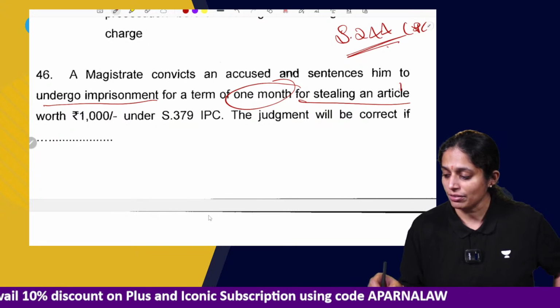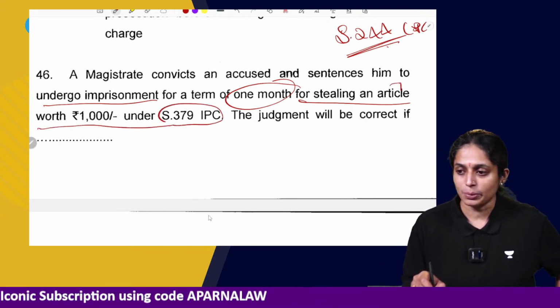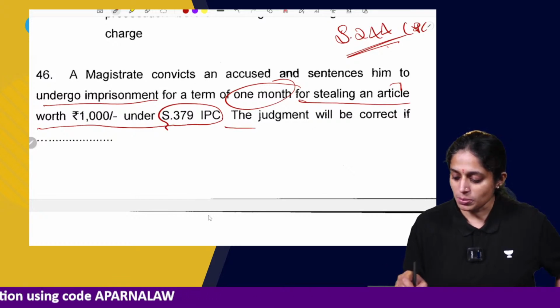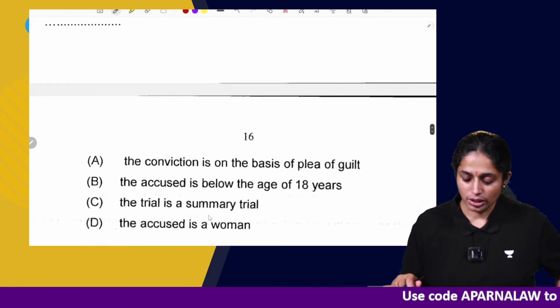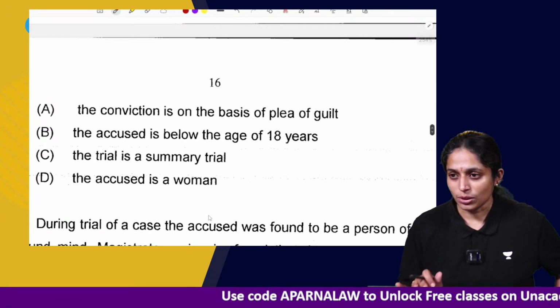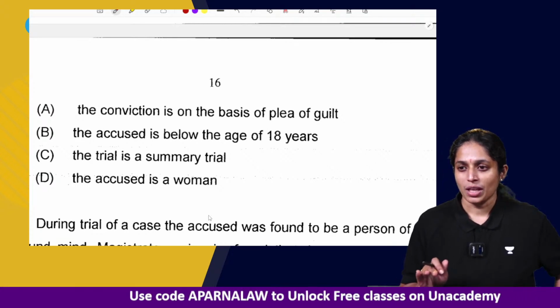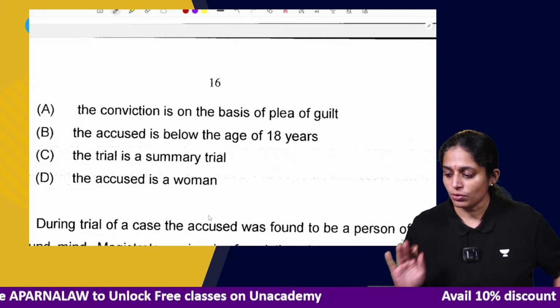So, this is a theft worth 1000 rupees under section 379 IPC. The judgment will be correct if what? A. If the conviction is on the basis of plea of guilty, B. the accused is below the age of 18 years, C. the trial is a summary trial, and D. the accused is a woman.